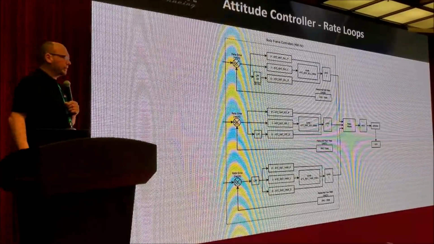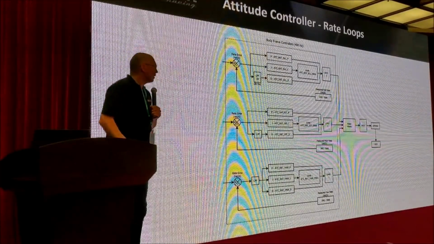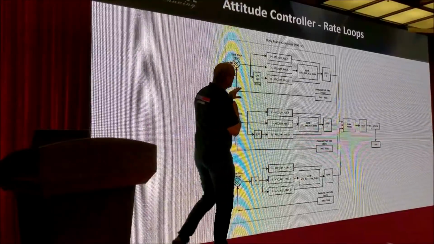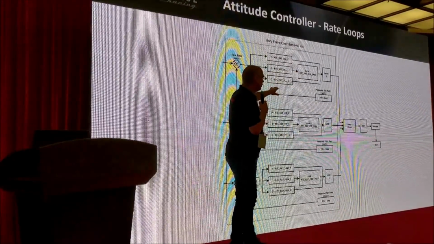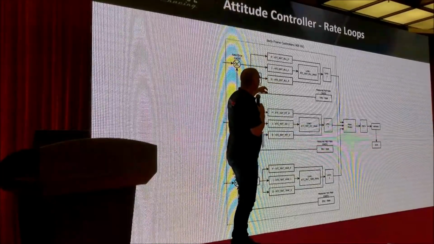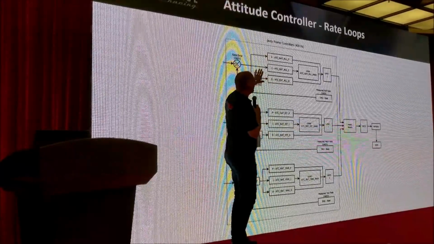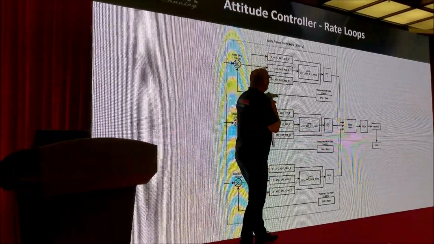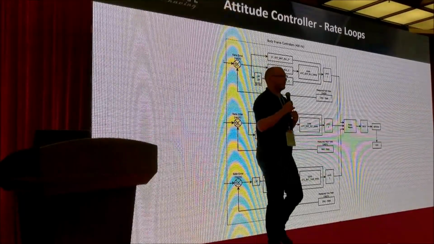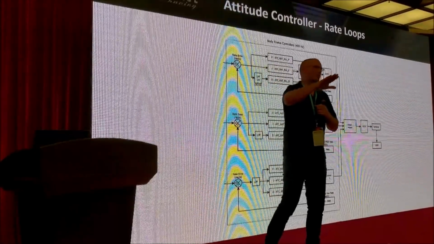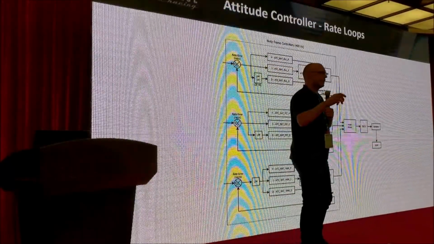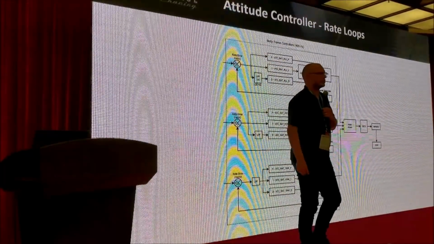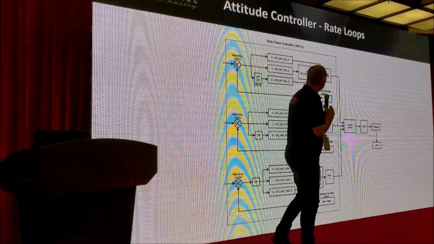So the rate controllers are simple PID, or reasonably simple PID loops. The difference that you might have noticed, which I didn't describe before, was this low pass filter. Now a PID loop is like a 3-band graphics equalizer on your sound card, on your audio system, on your speakers.